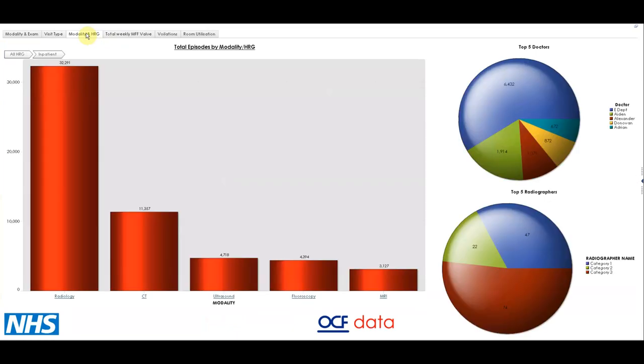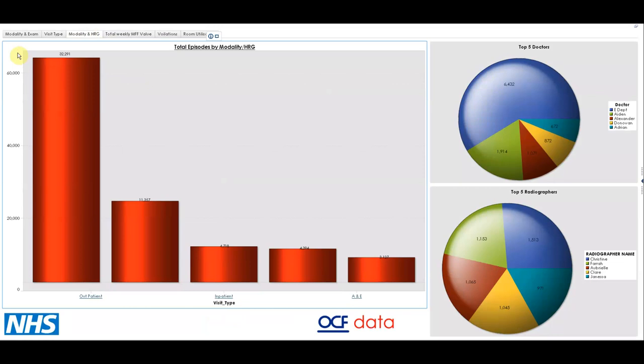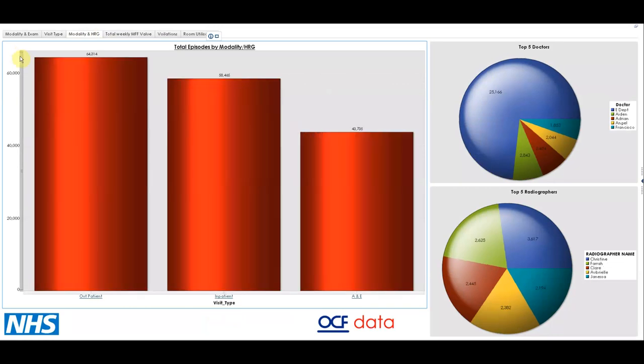Now we look at modalities and HRG4 plus. We first have all the visit types, that is outpatient, inpatient, and A&E by frequency. And on the right hand side, you've got the top 5 doctors and top 5 radiographers by frequency for the entire radiology episodes.